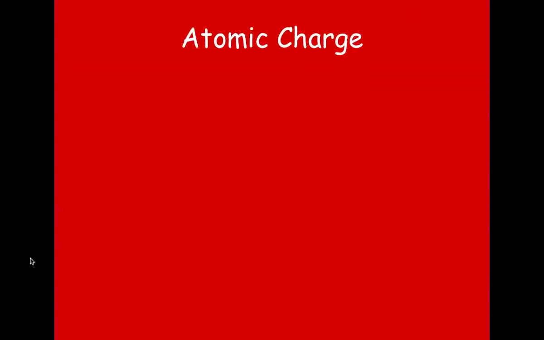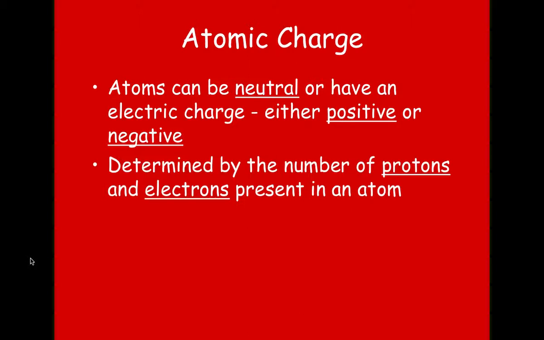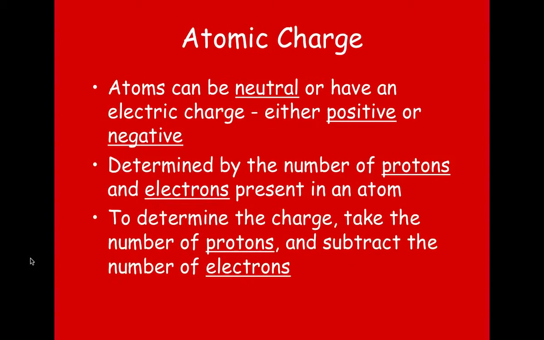The last characteristic we want to look at is atomic charge. Atomic charge is important because our atoms can be either neutral or they can have an electrical charge, either positive or negative. This is determined by the number of protons and electrons that are present. So to determine the charge, you take the number of protons and subtract the number of electrons.